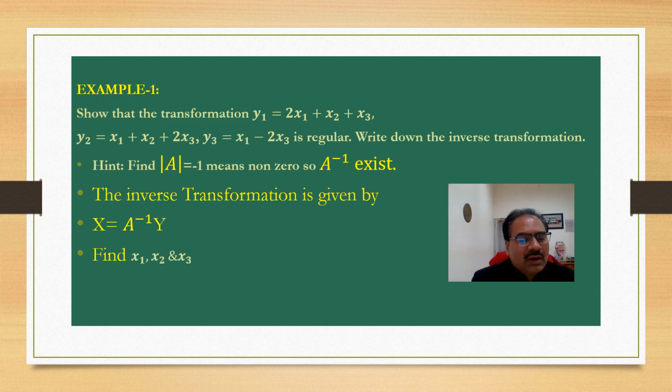Let us suppose the transformation y1 is equal to 2x1 plus x2 plus x3, y2 is equal to x1 plus x2 plus 2x3, and y3 is equal to x1 minus 2x3 is regular. You have to establish this. So if it is true that this is regular, then you have to write down the inverse transformation.